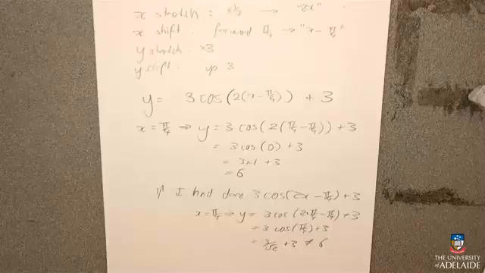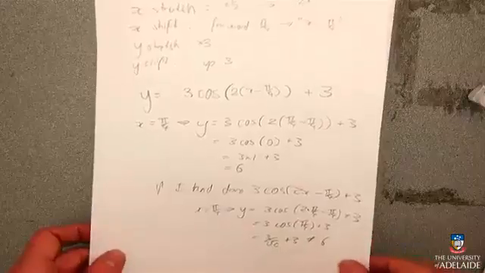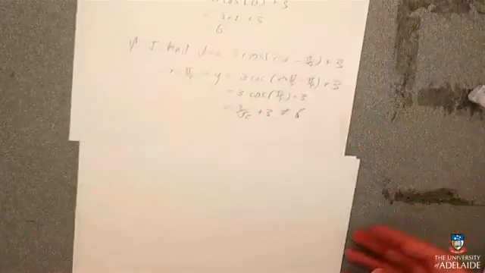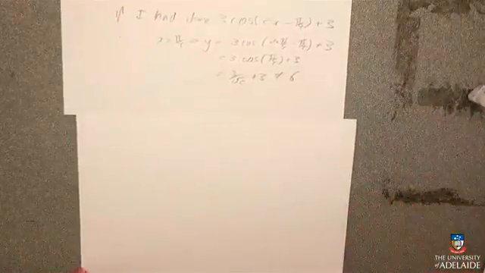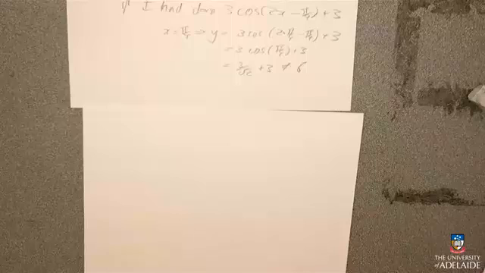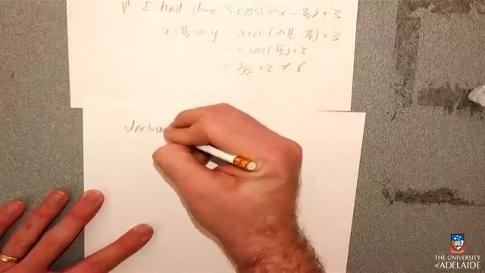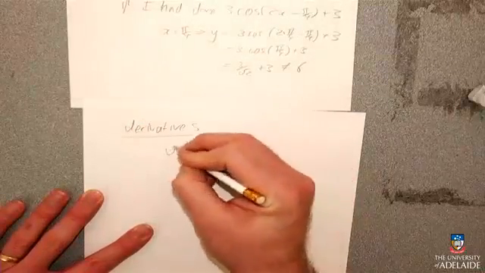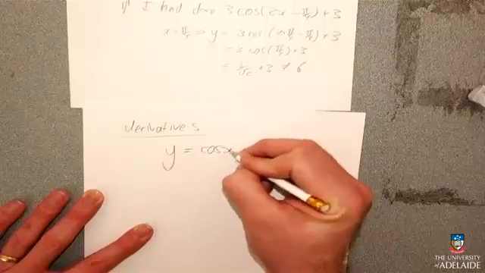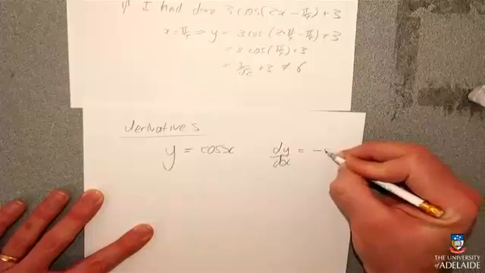Okay. All right. Well, the only other thing is derivatives. And in essence, your normal rules for derivatives, which is a whole other seminar, apply in terms of the product rule and the chain rule and all of those things. And you just need to know what the rules are for how to differentiate these things. If y is equal to cos x, then dy on dx is minus sine x.